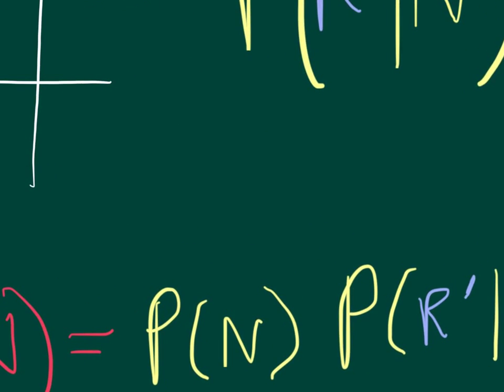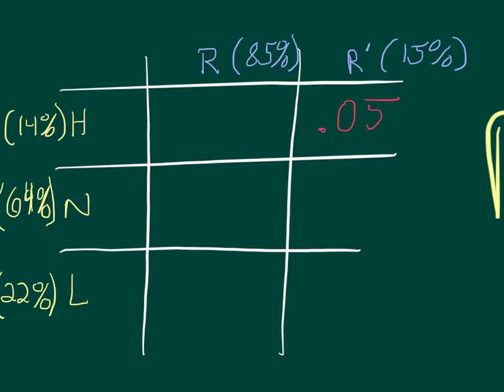So now we can record this information as well. We know that 0.08 is the probability that we have normal blood pressure and an irregular heartbeat.